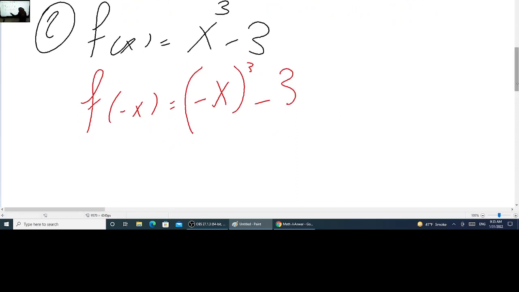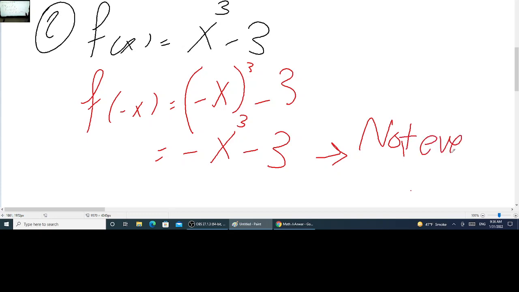So it's negative x cubed minus 3, and this is not f of x, so it's not even, and not negative f of x, so it's not odd either. Okay, so this function is not even and not odd.